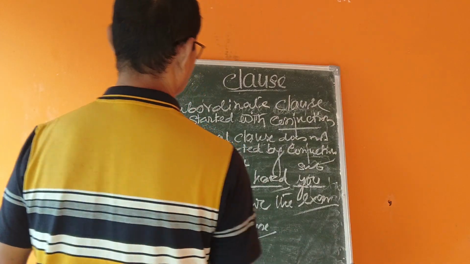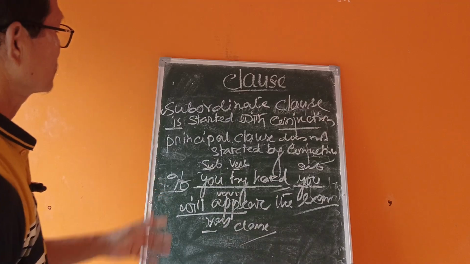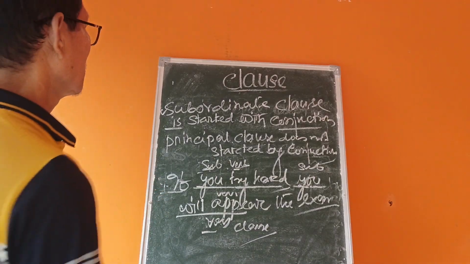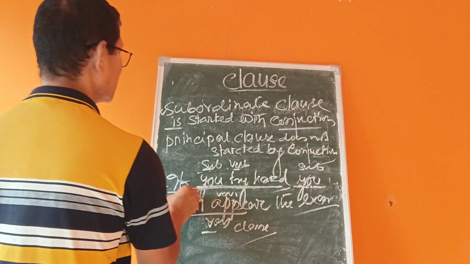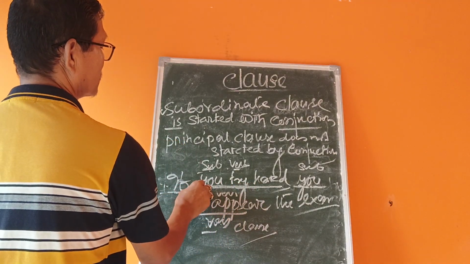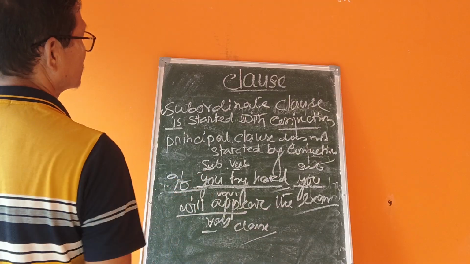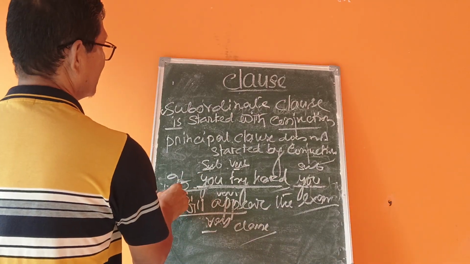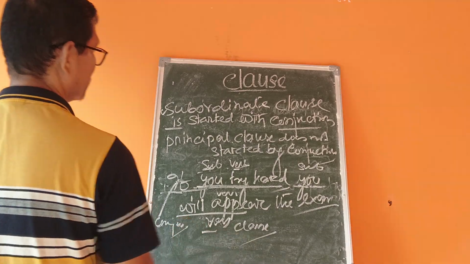One clause. Now we try to find out what type of clause this is. The first clause is what type of clause? It is a subordinate clause because it is started by a conjunction. If is a conjunction, isn't it?